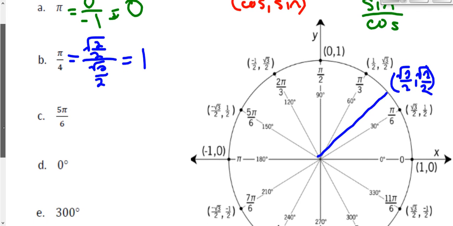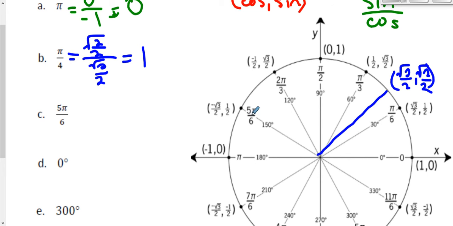Let's take a look at 5 pi over 6. That's on our unit circle right here. So this is 5 pi over 6, and we have the coordinate pair for it right here. We're going to find the tangent, so we're going to put the 1/2 on top of the -√3 over 2. So we're going to have 1/2 divided by -√3 over 2.